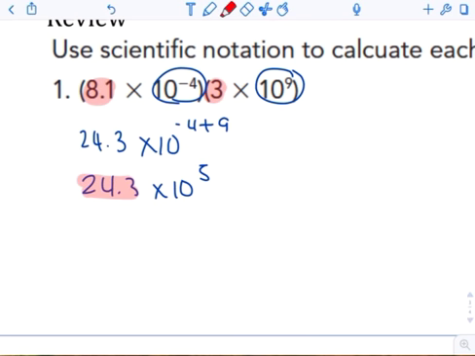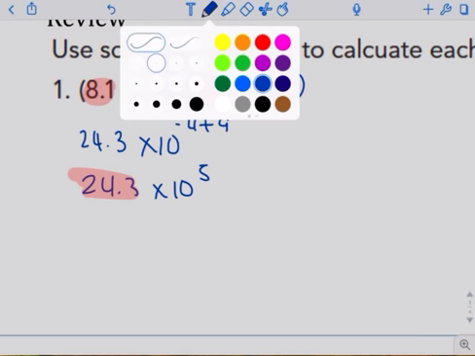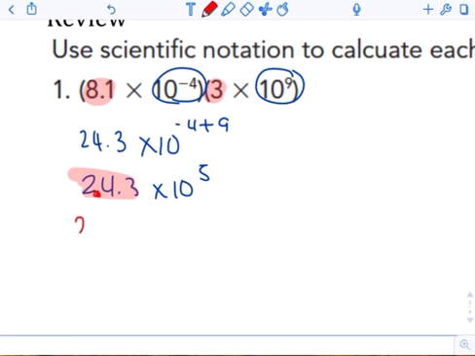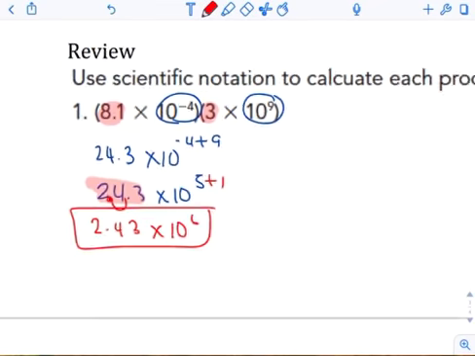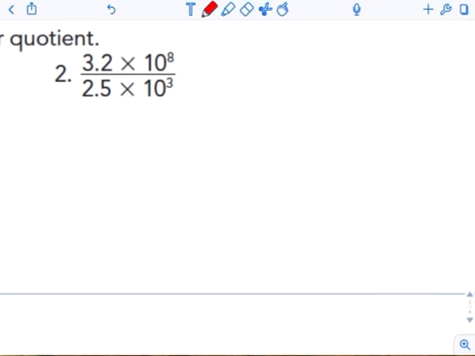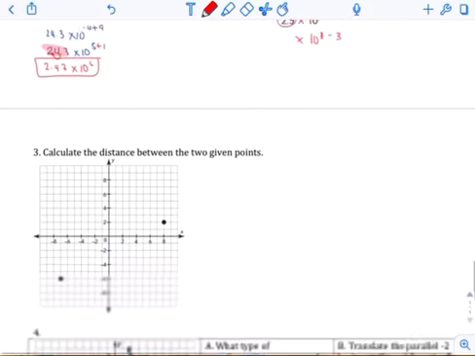This is not in scientific notation. You put 1 over here. So 2.43, because 1 went over, you need to add 1 there, times 10 to the 6th power. And this same thing, this is divide, so you subtract, 10 to the 8 minus 3, you get your answer, times 10. Okay, that should work.